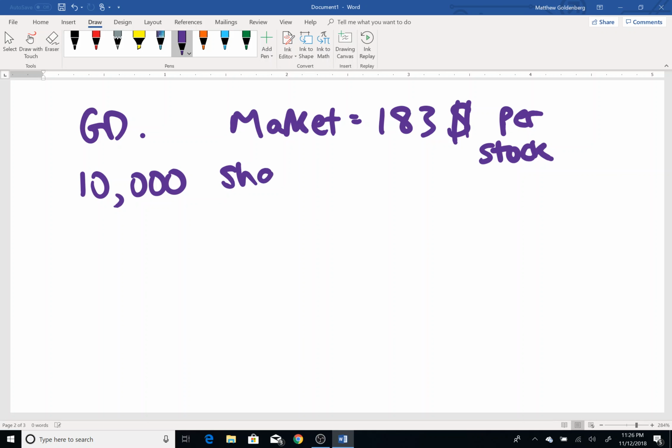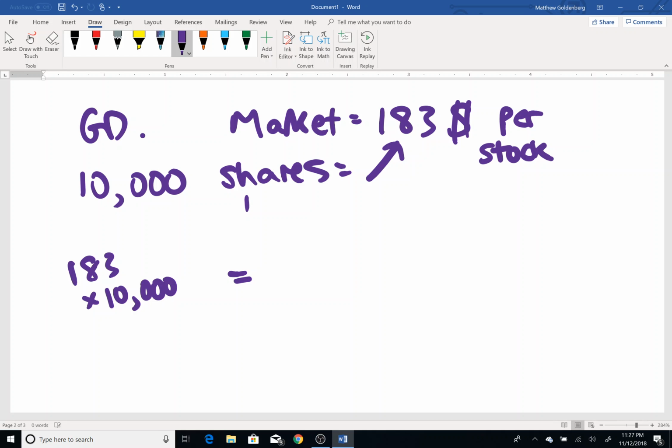I'm not going to do the math, but I'm going to show you how it works. So on one side of the equal sign, it's 183 times 10,000. We can reasonably agree that this is the market value of what this stock will go for. If you own 10,000 shares of this stock, if you were to trade those in, you would get that.